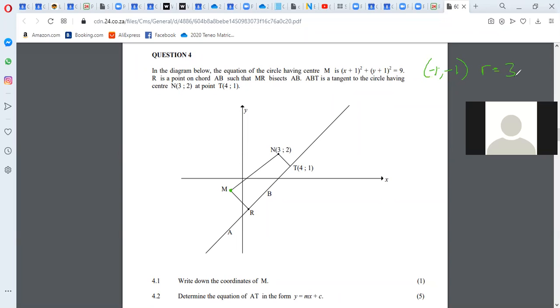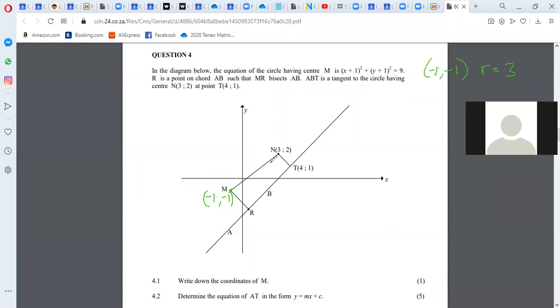And you must do it immediately. Okay, so it's the opposite sign for the x and the opposite sign for the y. And the radius is the square root of that. Okay. So in other words, if M is the center, then this is the point minus 1, minus 1. Okay.